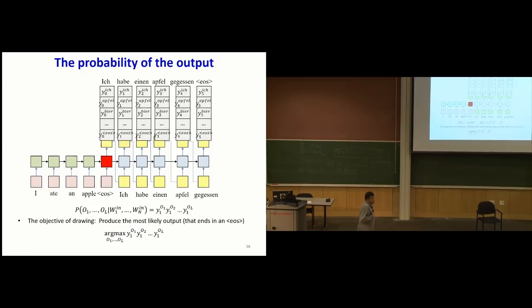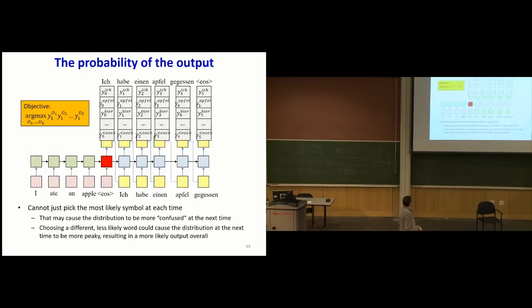So our objective is this. Here is an English symbol sequence. What is the most likely sequence of words in German? We want to pick the a posteriori most likely sequence of words in German given the English words. And if I simply choose the most likely word at each time, that's not going to do the job.